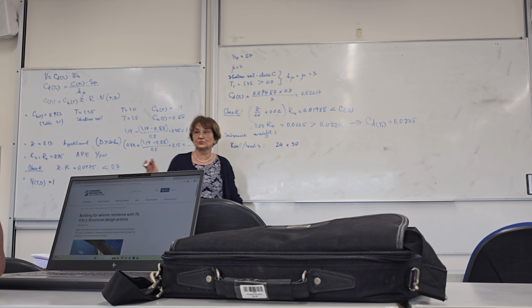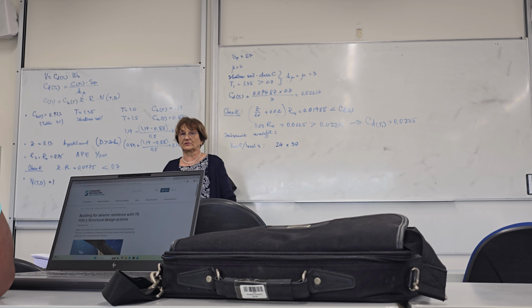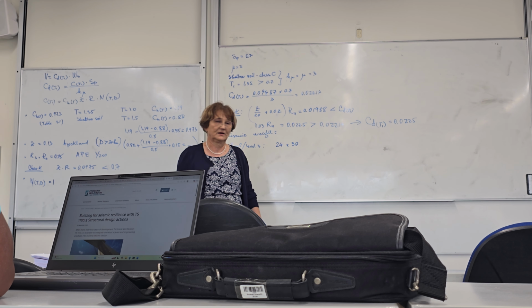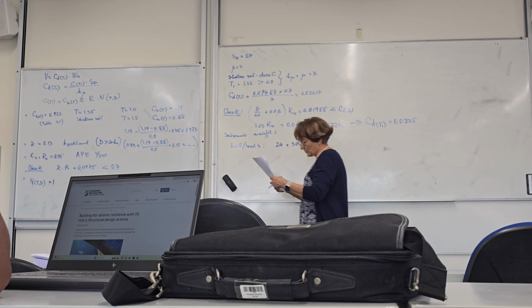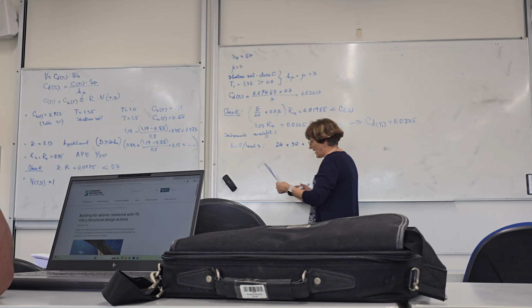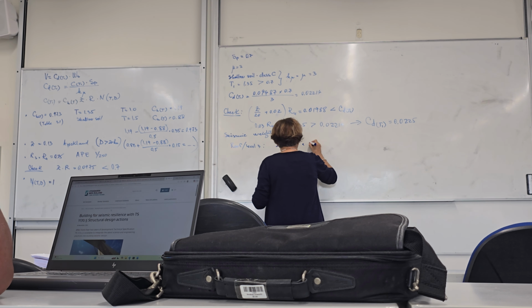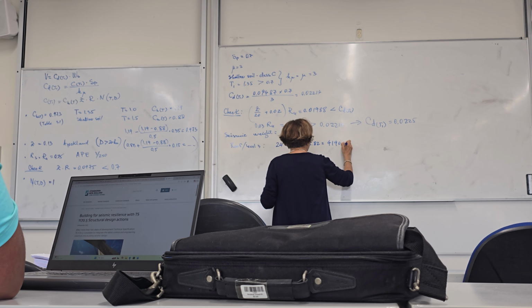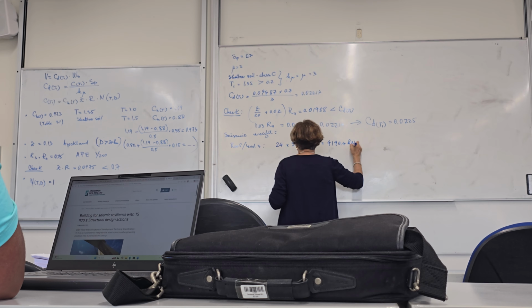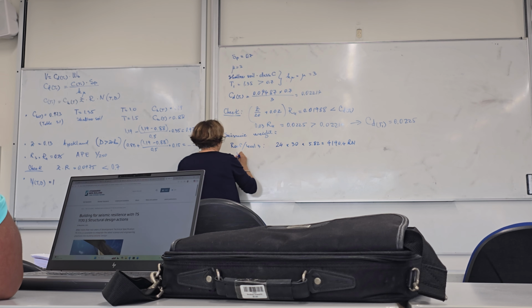Is it okay if I write like this? I don't write 3 times 8. This is area. Multiply for level 3, I have 5.82, and it gives 4190.4 kilonewton.